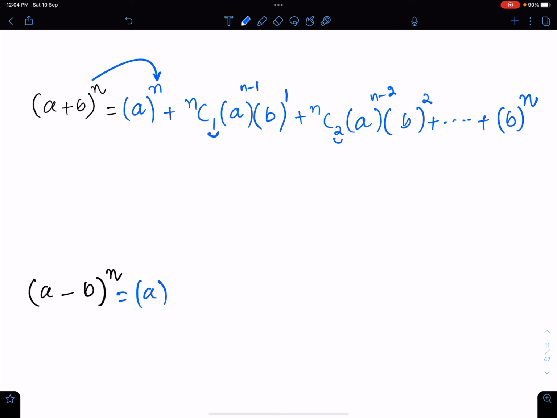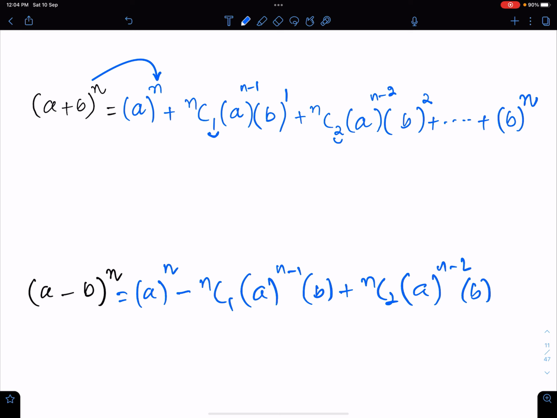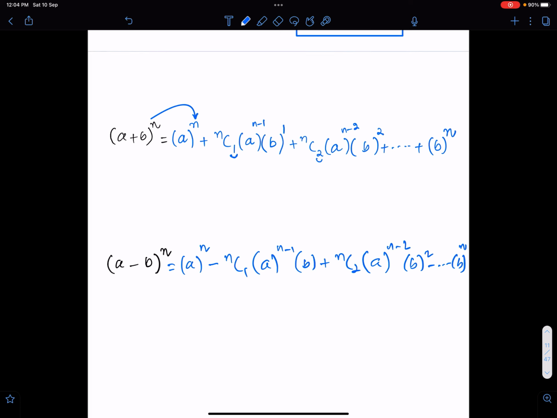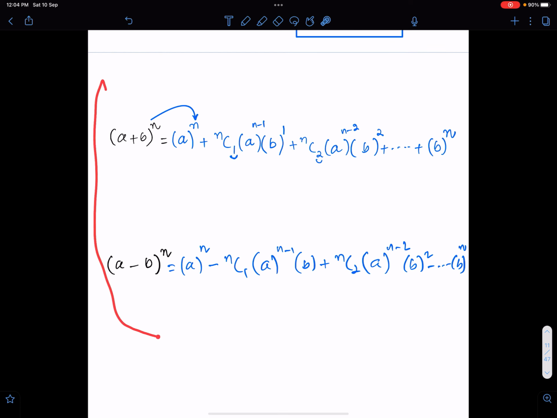So same result is here with alternate signs. So if you learn this result, you can easily learn this result. So this is the way to expand binomial expansions of these two types.